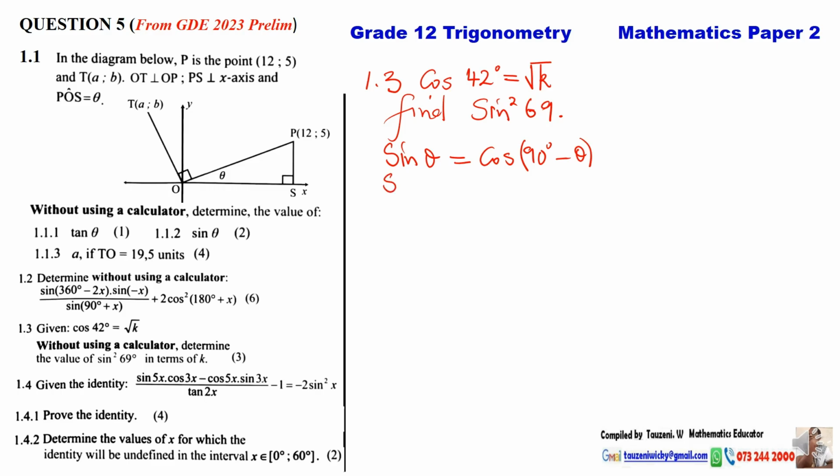Then we can say that the sine of 69 degrees is equal to cos of 90 degrees minus 69 degrees. And we know that 90 minus 69 is equal to 21. Therefore, the sine of 69 degrees gives us cos 21 degrees. So sine 69 is equivalent to cos 21.